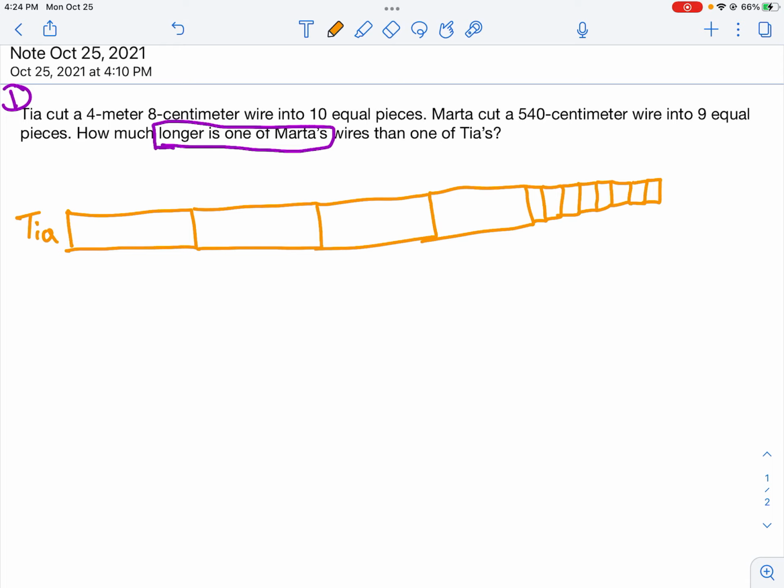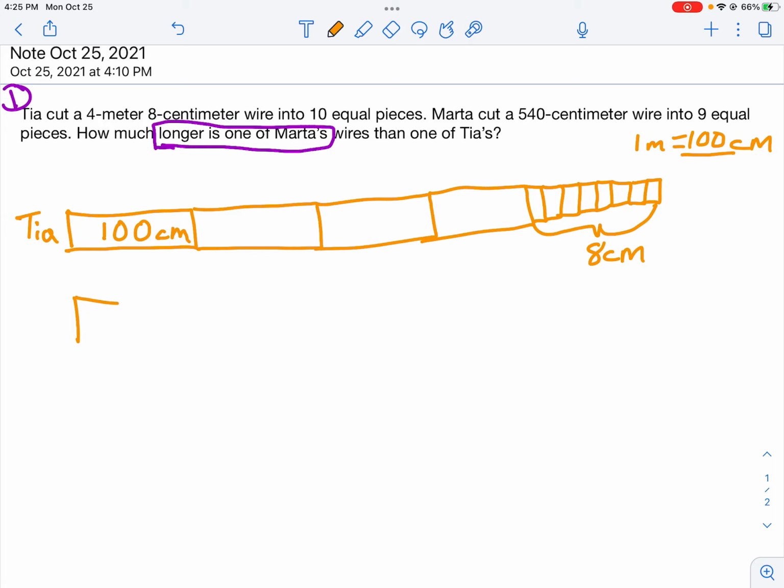Okay, so if this is 1 meter, you should know that 1 meter equals how many centimeters? Centimeters, 100. So we have 100 centimeters here. This is our 8 centimeters.